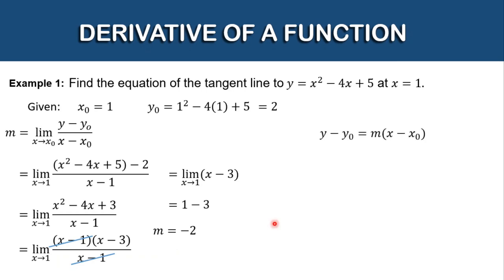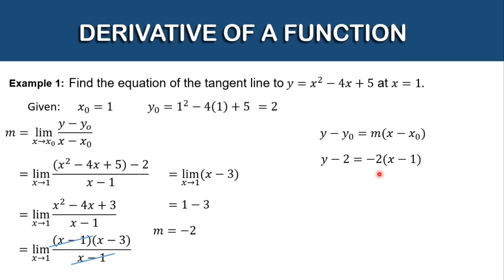And that is y minus y sub 0 is equal to the slope, or m, times the quantity x minus x sub 0. So by substitution, we are going to have y minus 2 on the left side because y sub 0 is equal to 2. And on the right side, negative 2, which is the slope, times the quantity x minus 1. This is x sub 0.